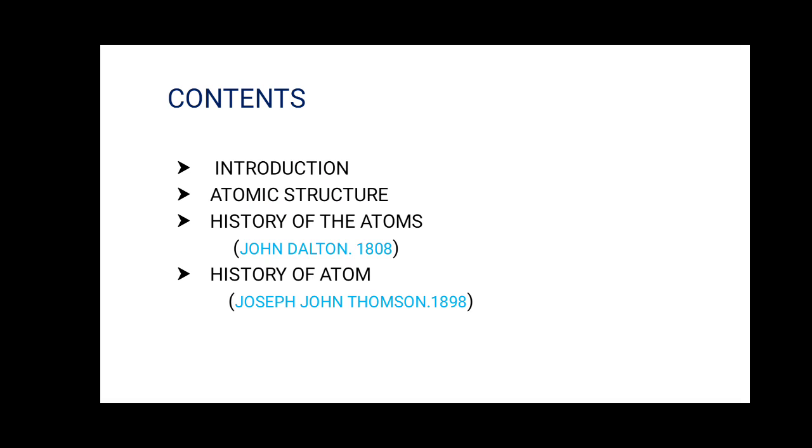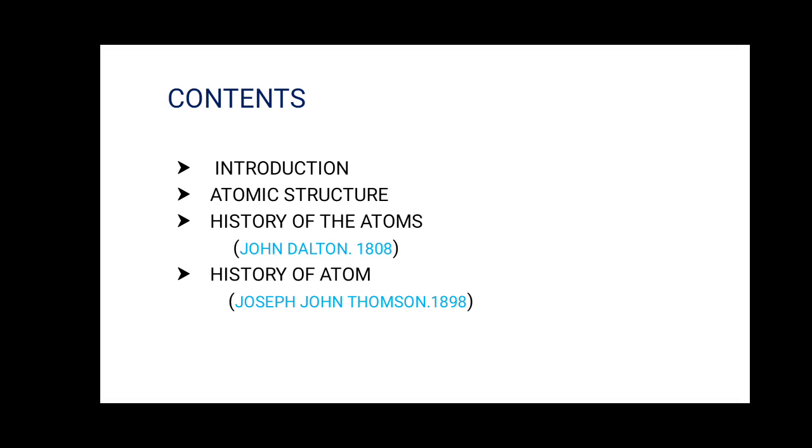Effectively, an atom is the smallest unit of matter, and an atom is the smallest particle of an element which retains the chemical identity in all the physical and chemical changes.